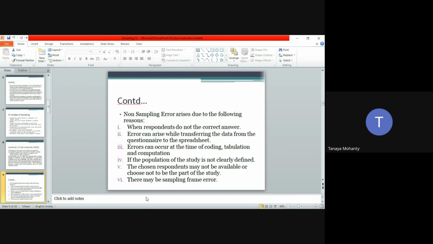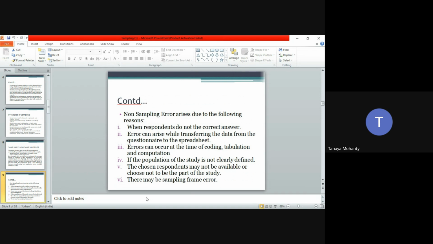The chosen respondents may not be available or may choose not to be a part of the study. So right from the beginning, I have identified a few respondents for my sample, and I have followed a particular logic for identifying them. But at the end of the study, while you are proceeding with your study, you will see that those respondents turned hostile, and they refused to be a part of the study.